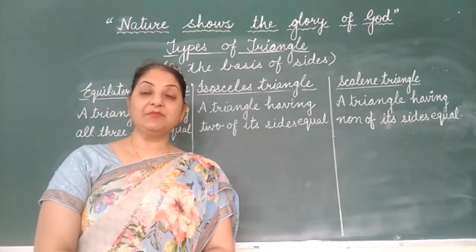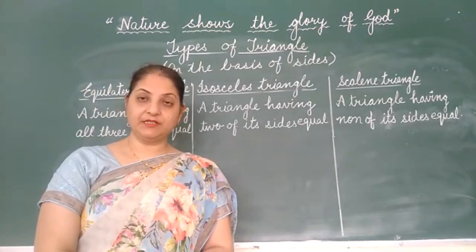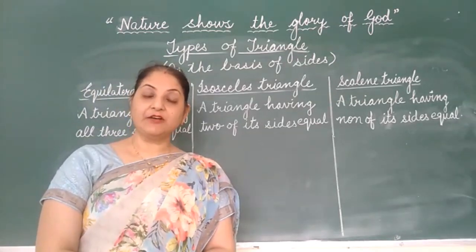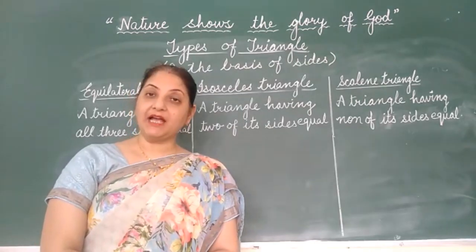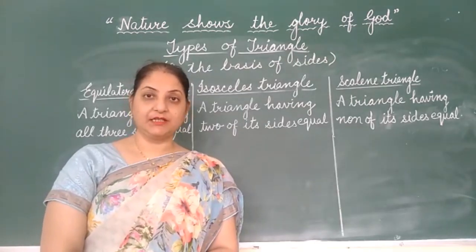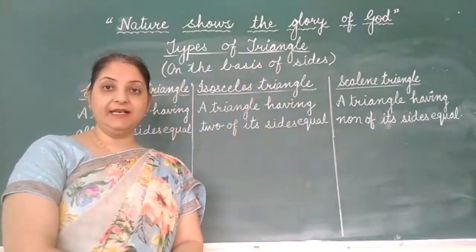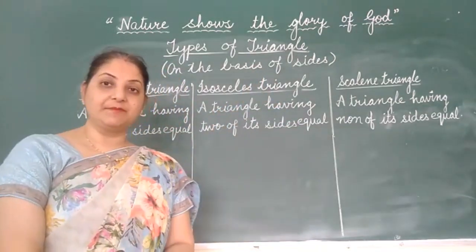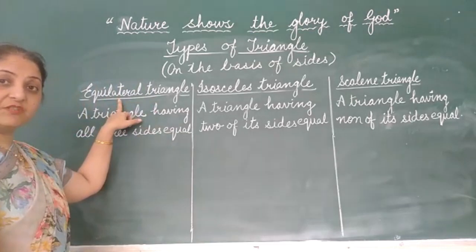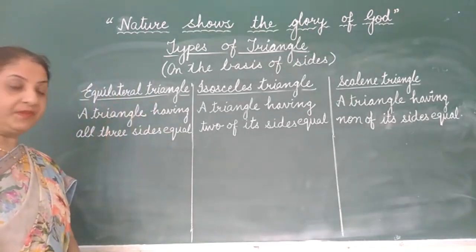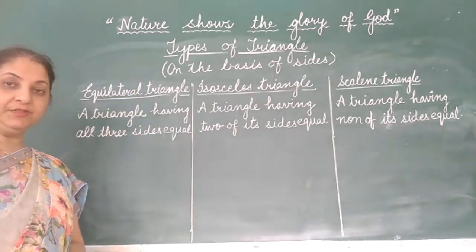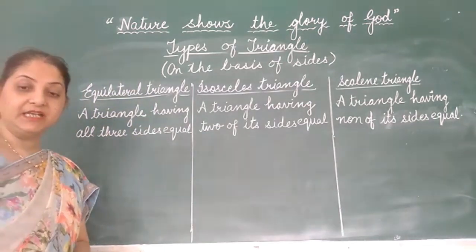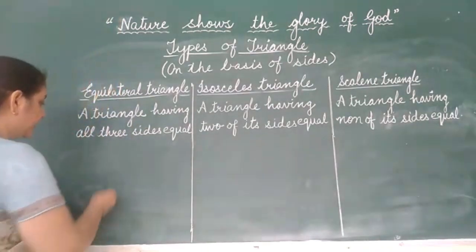Children, triangles can be classified in 2 different ways. One on the basis of its sides and the other on the basis of its angles. So let us learn that. On the basis of sides, triangles are of 3 types. First one is the equilateral triangle. When all the 3 sides of a triangle are of equal length, the triangle is known as an equilateral triangle.